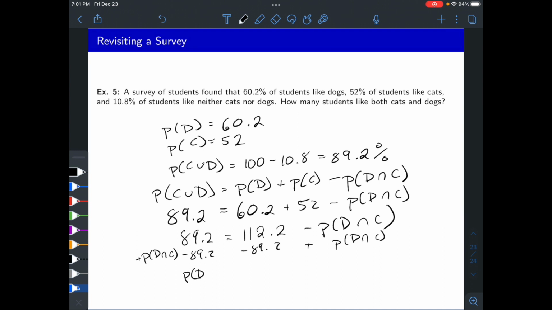So on the left, I'll have P of D intersect C. And on the right, I'll just have 112.2 minus 89.2. What is that equal to? That is equal to 23%. Okay, so this would be our final answer. 23% of students like both cats and dogs.